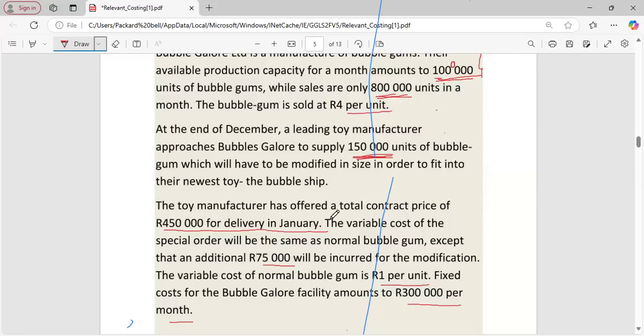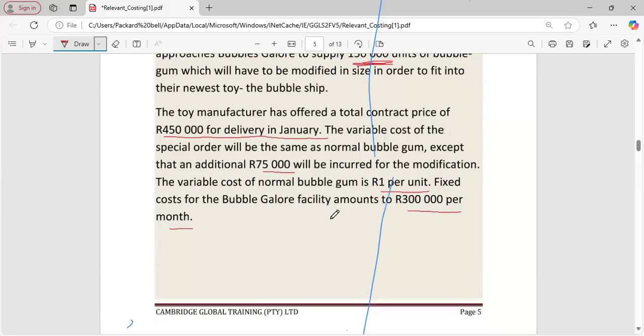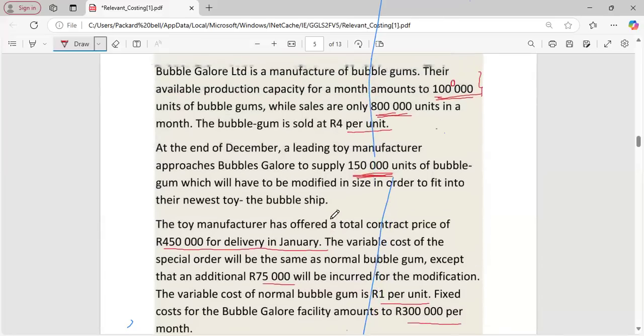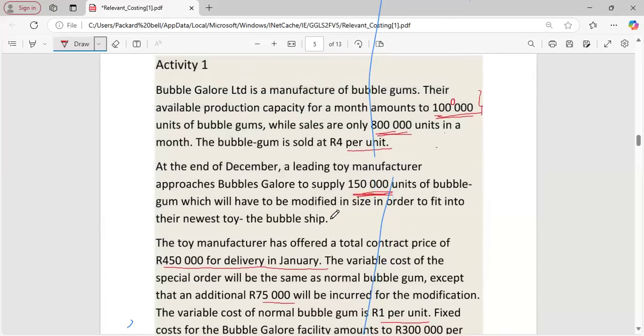Why are they not relevant? Because whether we take the order or not, we will receive them, no matter what, we're going to get them. So these 800 units are not relevant to the decision. Whether you take this order or not, you're still going to get this revenue. So they are not relevant.